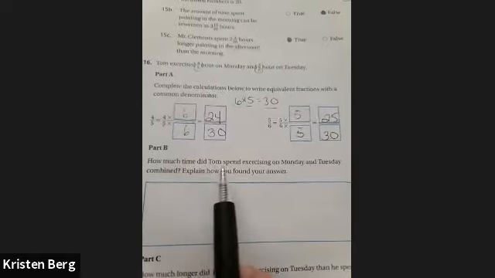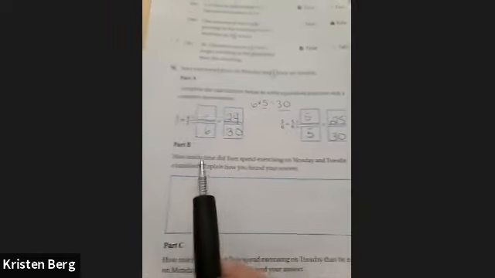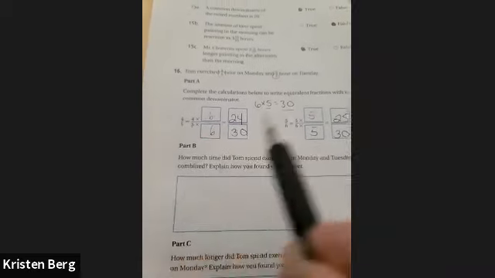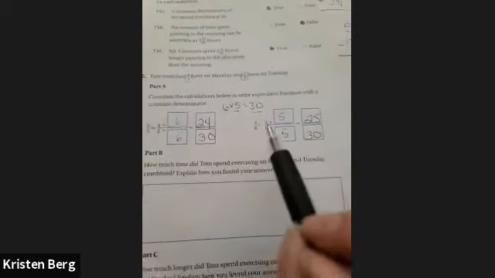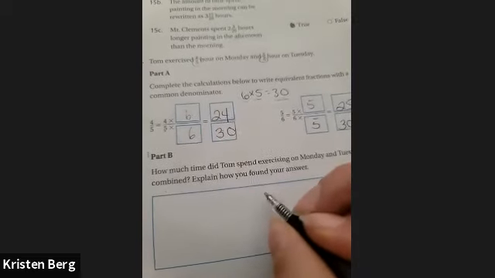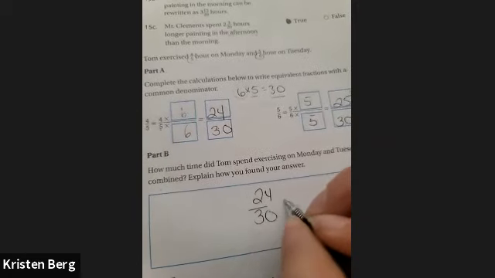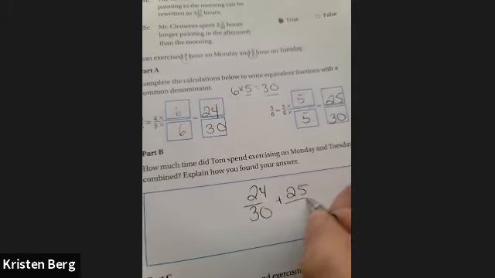So how much time did Tom spend exercising on Monday and Tuesday combined? So they actually want to know the combined amount. So when we are combining to see how much total he spent exercising, we actually should be adding these numbers together.